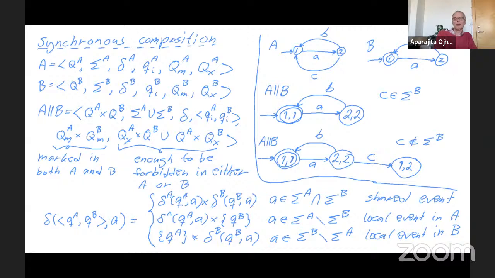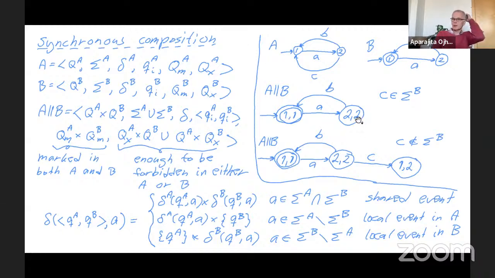So totally the cross product between the states 1, 2 here and 1, 2 here includes 4 states. Each of them has 2 states, and together you get 4 states. While in the synchronous composition, in one case we only have 2 states, and in the other case we have 3 states, but never 4.